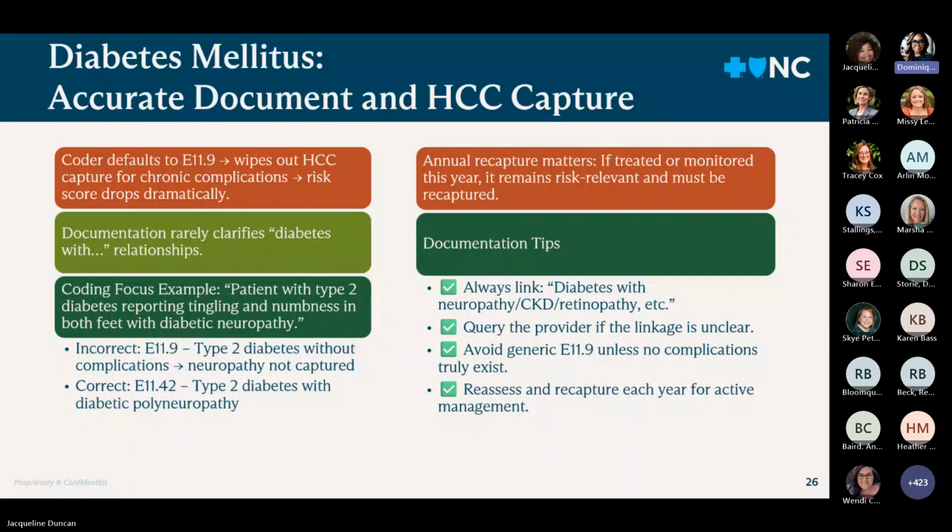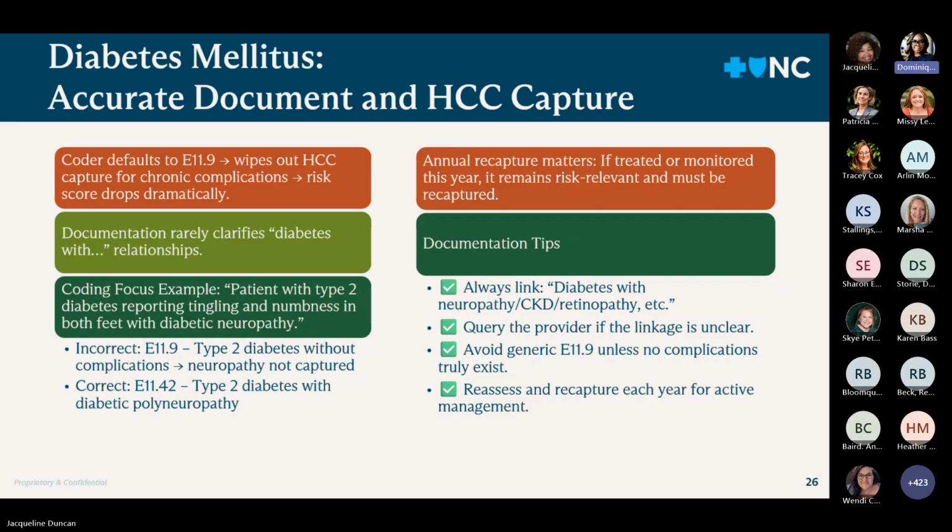This slide highlights how documentation drives accurate risk capture for diabetes. A common pitfall is defaulting to the unspecified code E11.9, which eliminates HCC capture for chronic complications and significantly lowers risk scores, even when the patient has active issues like neuropathy or retinopathy.